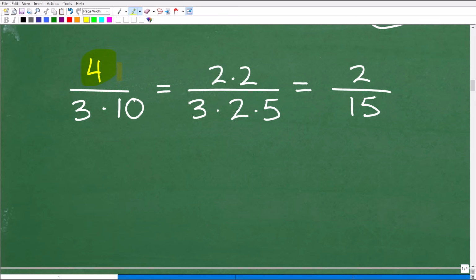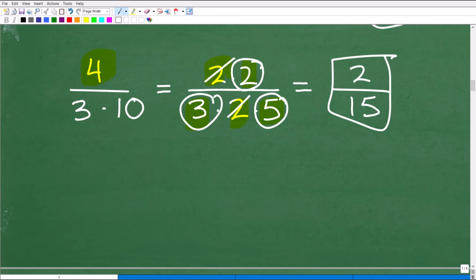So here, 4, you're thinking, is 2 times 2, and 30 is the same thing as 3 times 2 times 5. So these 2s, it's 1 for 1. This 2 doesn't get to take out both 2s, just 1 for 1, and that leaves you with 2 over 3 times 5, or of course 2/15. 3 times 5 is 15.